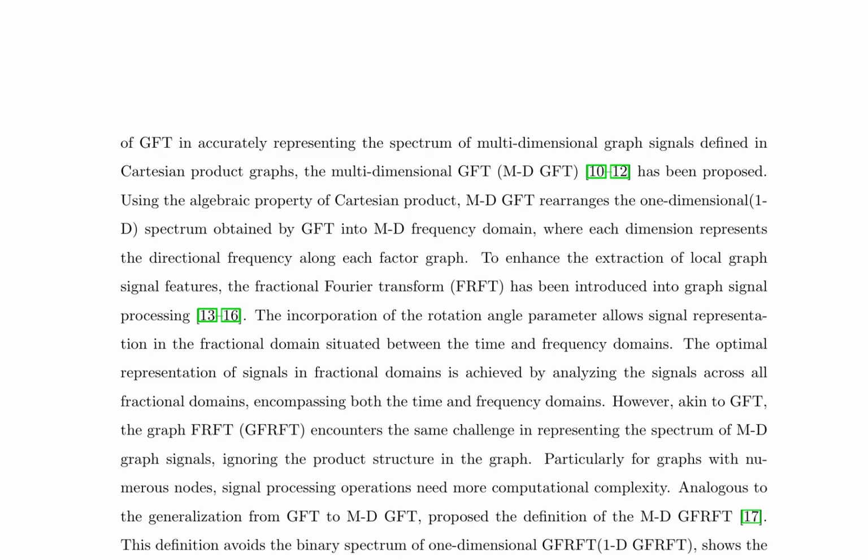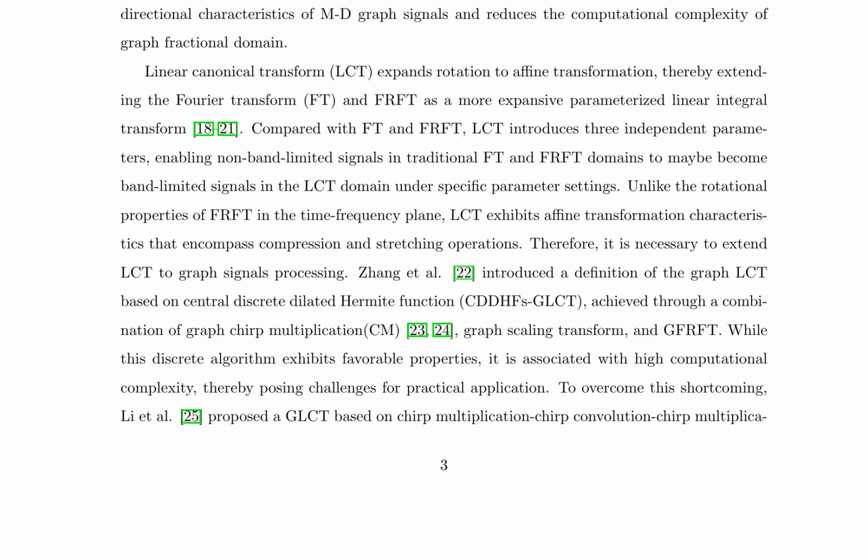However, similar to GFT, the graph FRFT, GFRFT, encounters the challenge of representing the spectrum of multidimensional graph signals, neglecting the product structure in the graph. Consequently, the multidimensional GFRFT, M-D GFRFT, was defined, avoiding the binary spectrum of unidimensional GFRFT, showing directional characteristics of multidimensional graph signals, and reducing the computational complexity of graph fractional domain.